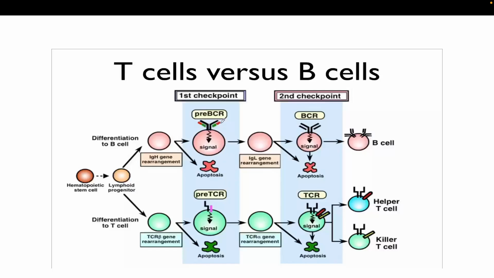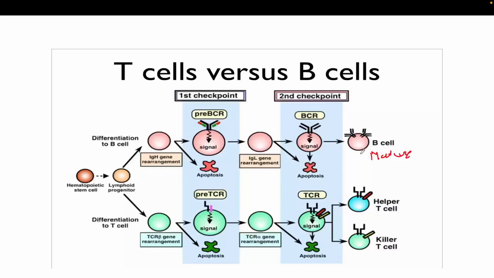Once this is converted into the immature BCR, at that time the immunoglobulin light chain rearrangement will take place. Once this is synthesized completely, it will be converted into a mature cell, where the IgD will also be produced. So that is the mature B cell.